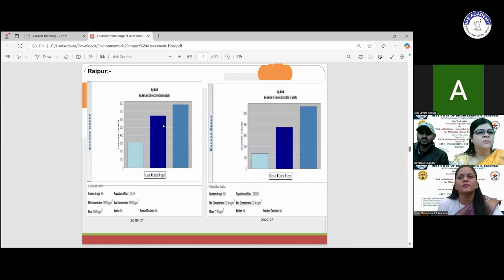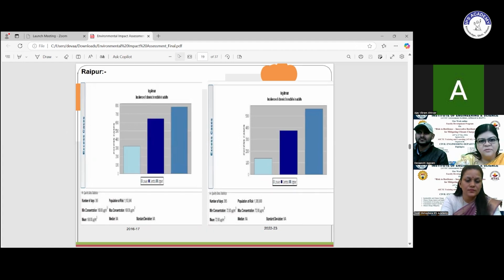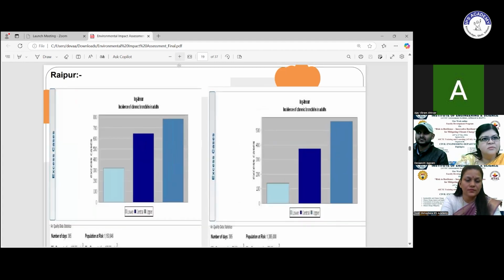Okay. Here we can compare that in Raipur city, on the left side the concentration is 168 micrograms per meter cube, and on the right side it has decreased to 72 micrograms per meter cube.